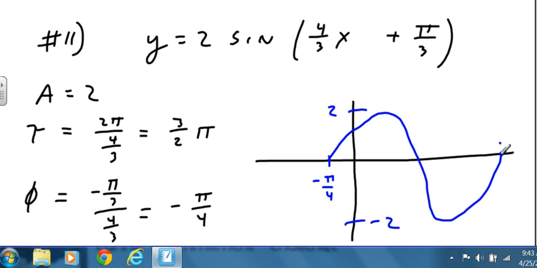And so that's one cycle. And so 3 halves pi minus pi over 4 is what? That's 5 pi over 4, is it not? Because this would be 6 pi over 4 minus pi over 4, so I'd go to 5 pi over 4. And I would be done with that particular graph.